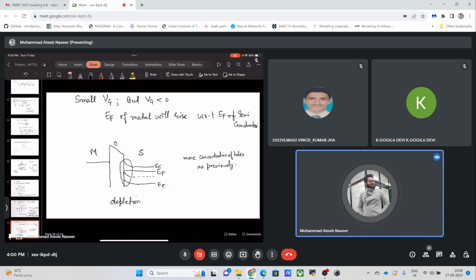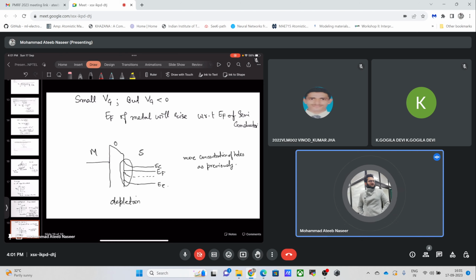When we increase it to a large negative bias, this will increase the negative charge on the gate, and more holes will be generated, so there will be more hole concentration.